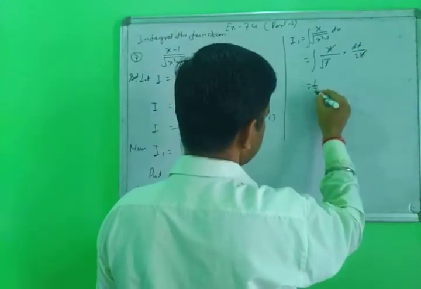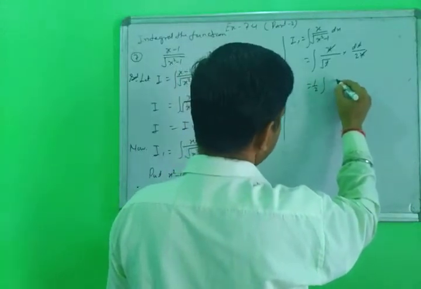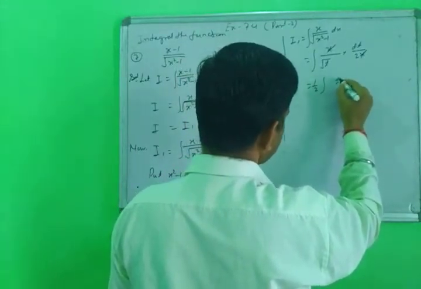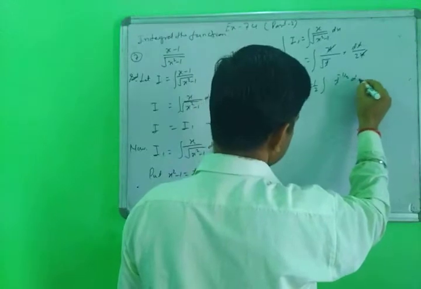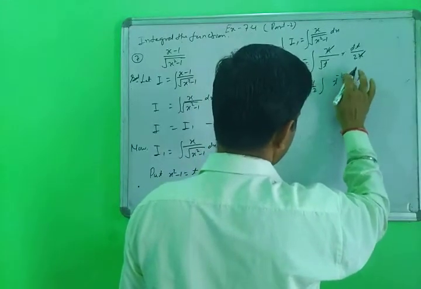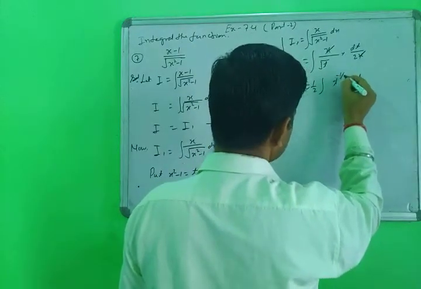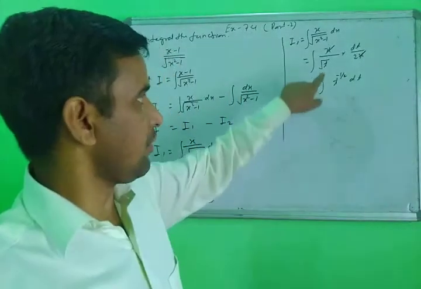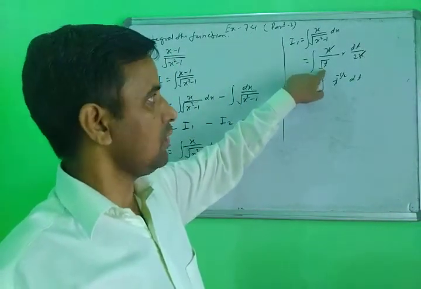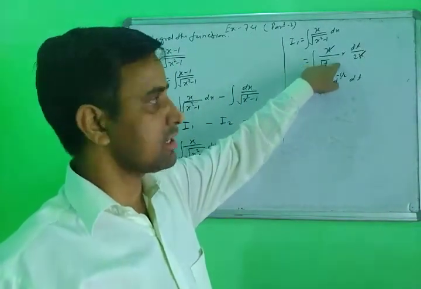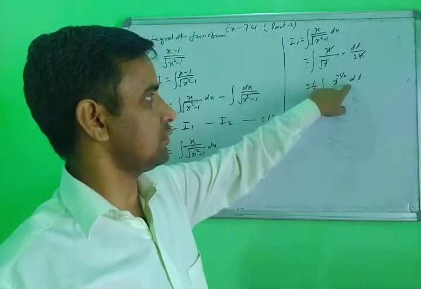What is left is 1 by 2, and the root gives t to the power minus 1 by 2 dt. The power is negative, so we write the reciprocal, t to the minus 1 by 2 dt.